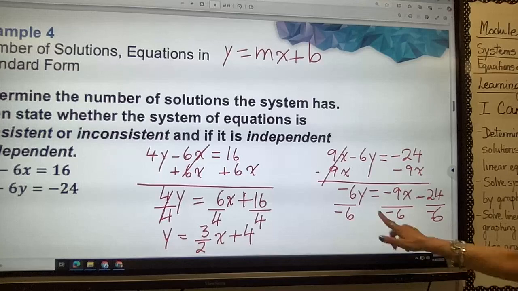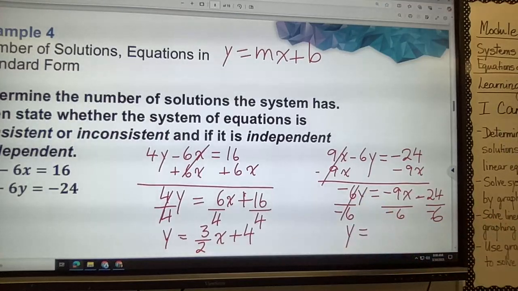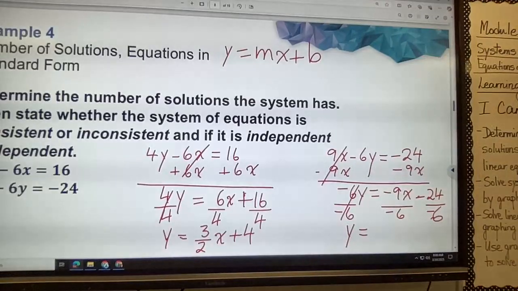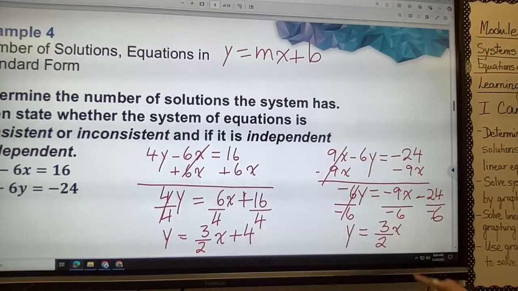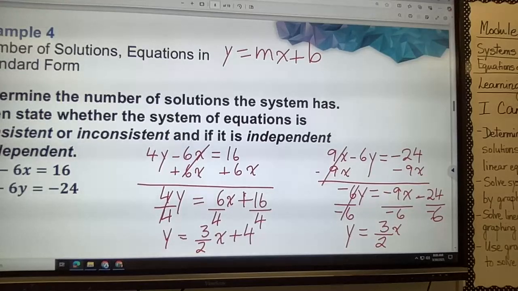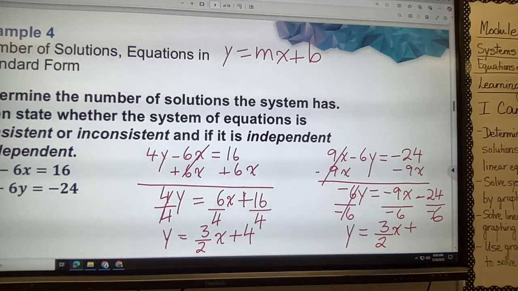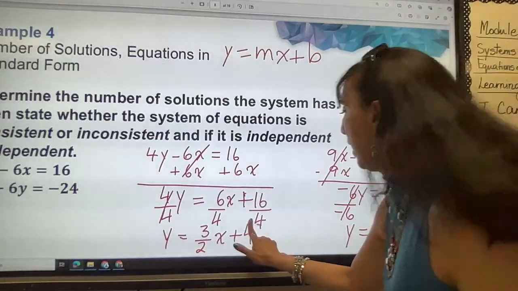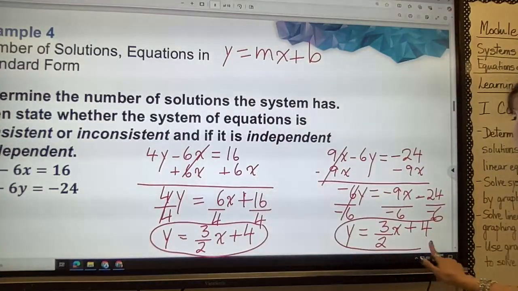Negative divided by negative gives me positive, and when I simplify and divide by 3, I get y is equal to 3 over 2x, and once again negative divided by negative gives positive, plus 24 divided by 6, which gives me 4.